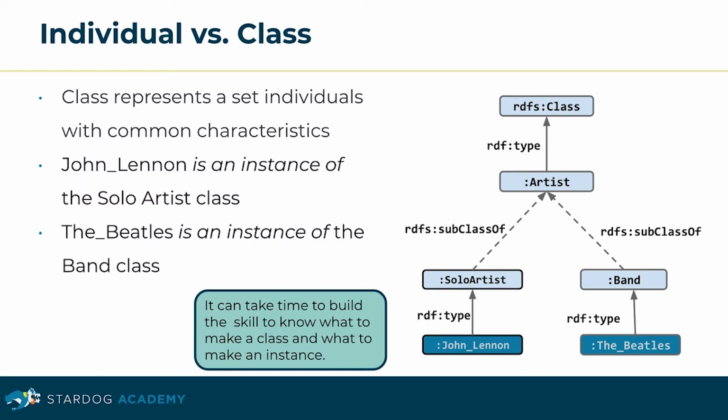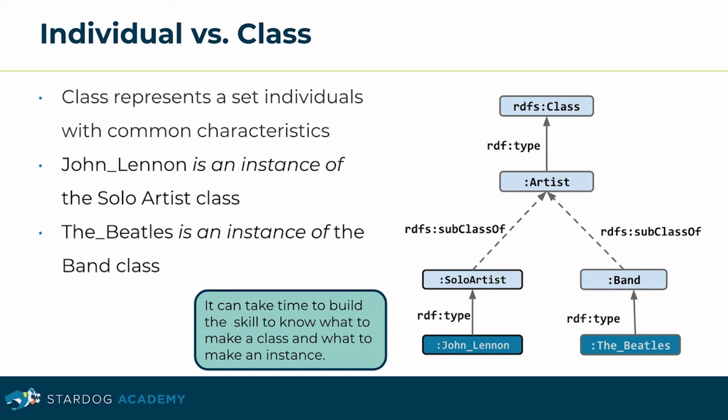An important distinction to make is this of individual versus class. As we mentioned, a class represents a set of individuals or instances with common characteristics. So, in our music data example, John Lennon is an instance of the solo artist class, while the Beatles is an instance of the band class.